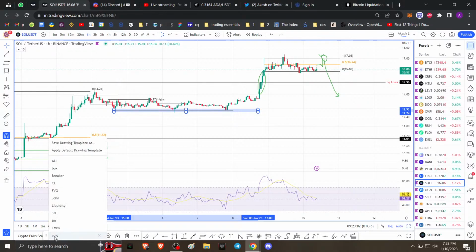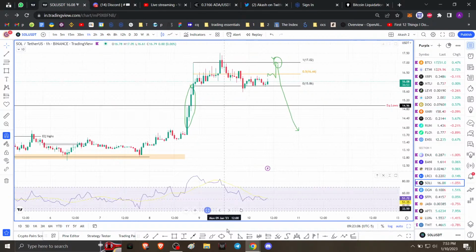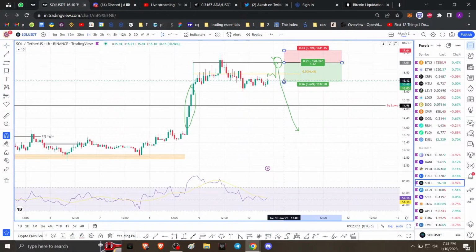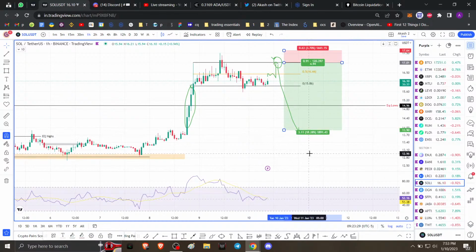Yeah, so but for those that open short positions at $17, make sure to take some size off at $15, and some more at $15, and leave the rest all the way down to 13.9.